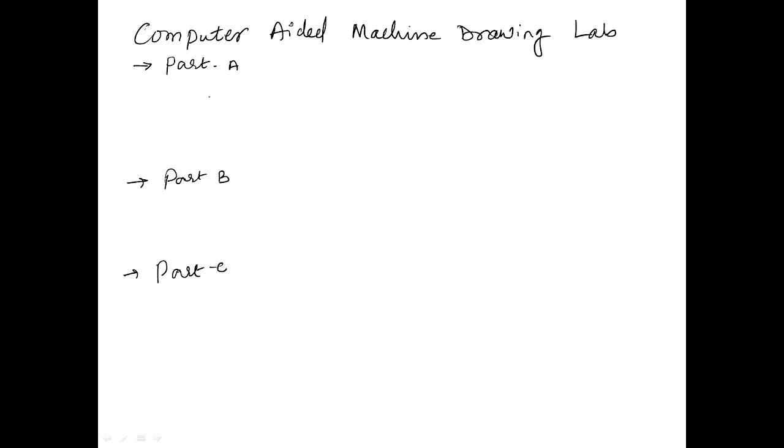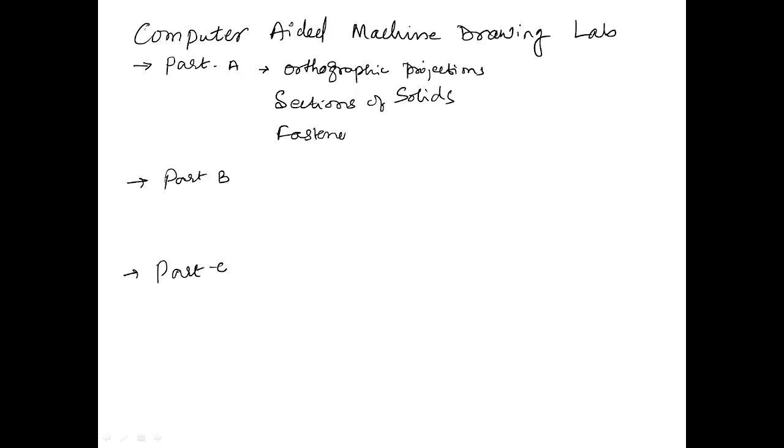In part A, you are going to study orthographic projections, sections of solids, and fasteners. Okay, in part A, the major chapters are orthographic projections, sections of solids and fasteners.